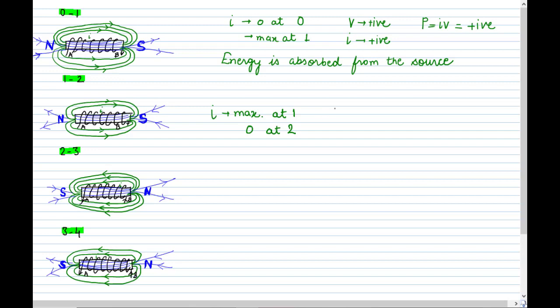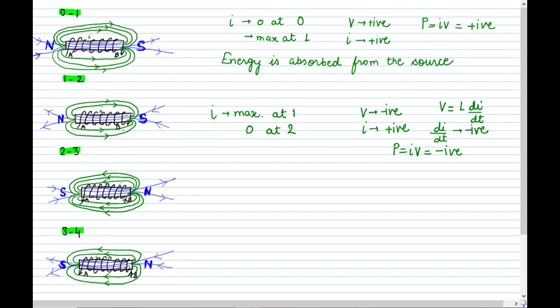If you see the cycle from 1 to 2, our voltage V is negative but the current I is positive. Since V is equal to L di by dt, if V is negative, then di by dt is also negative. And the power P is equal to I into V, so negative into positive, our power is also negative.